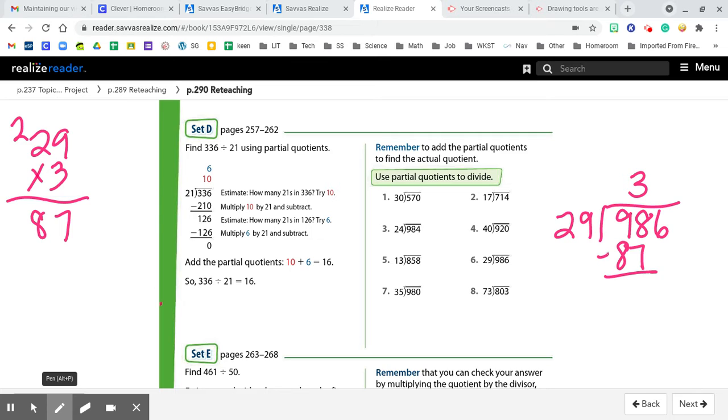Coming back to my problem, I am subtracting, and I get 11, bring down the 6, and 29 goes into 116. If I said, I feel like I just did this one, 3 times, add the 1, combine them, and you get 34.